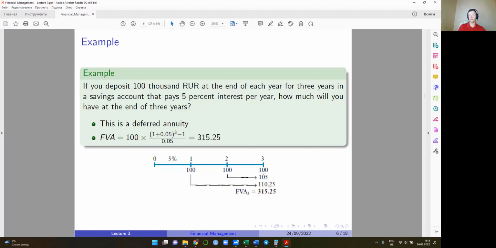Compare which approach is simpler, either to compute these things 3 times or to compute this in one single line. I guess this approach is much simpler and it gives you a chance to compute the future value of 20 payments or 30 payments or even 100 payments much faster than this one.